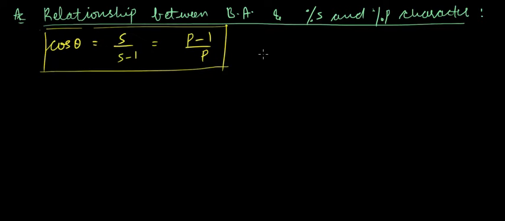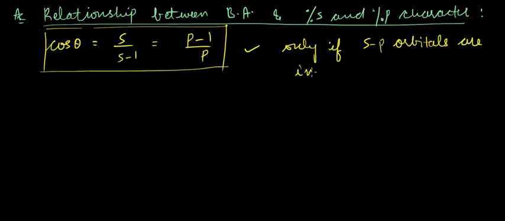Okay, so this is valid only if only s and p orbitals are involved in bonding. And so we can write s plus p is equal to 1.